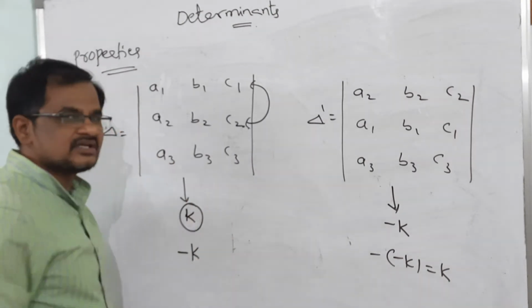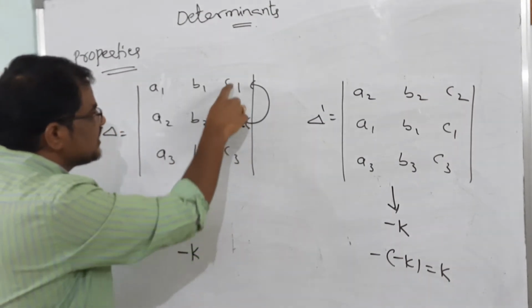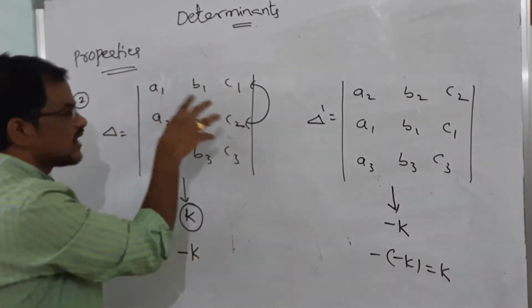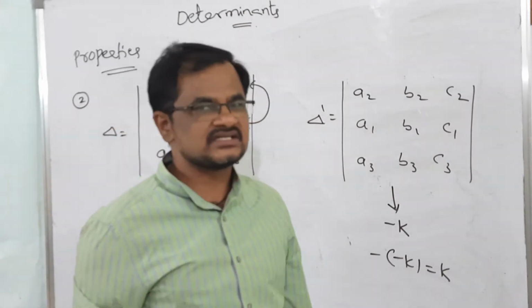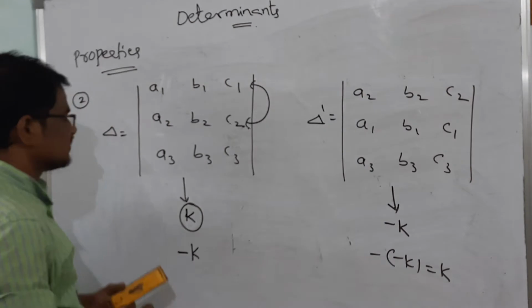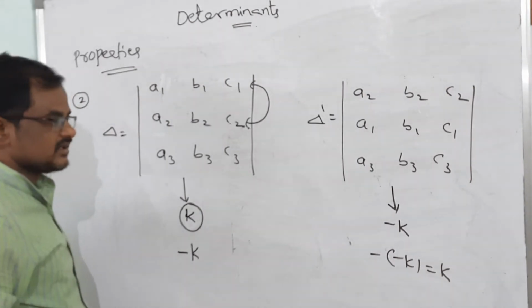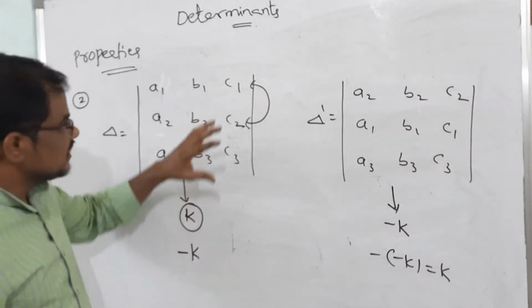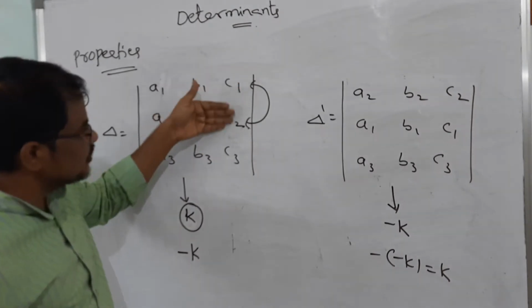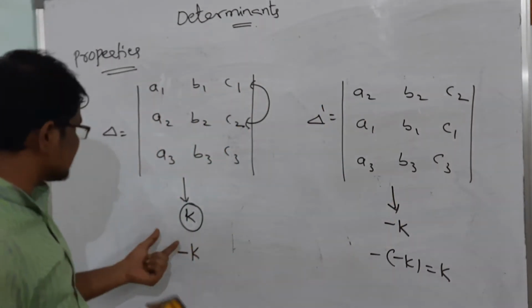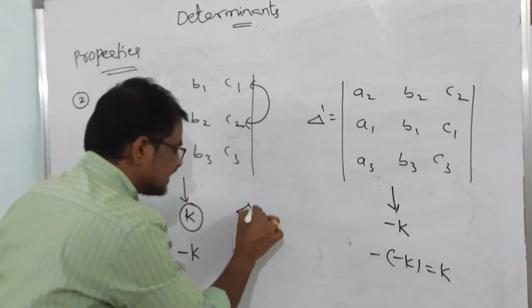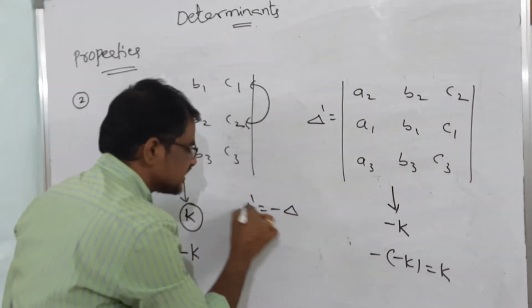This is the second property: interchanging any two rows or any two columns, the sign of the determinant changes. This is nothing but delta dash equal to minus delta.